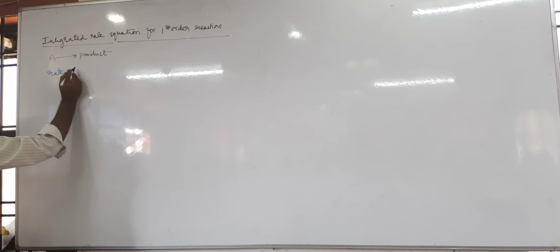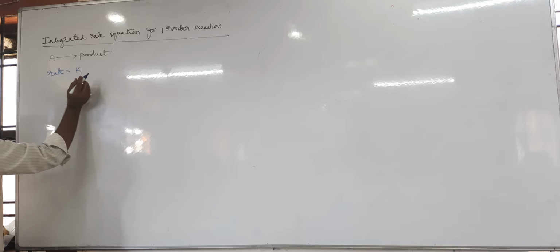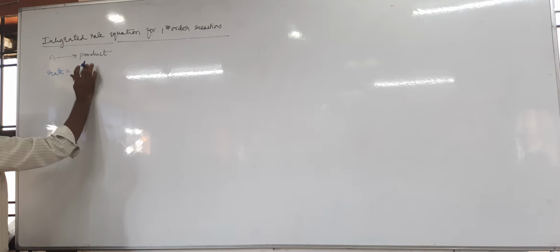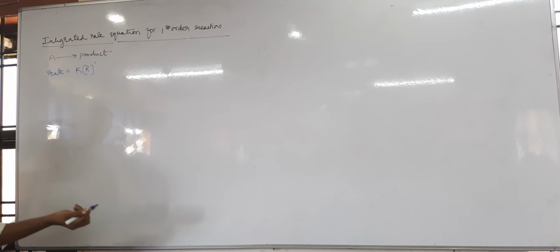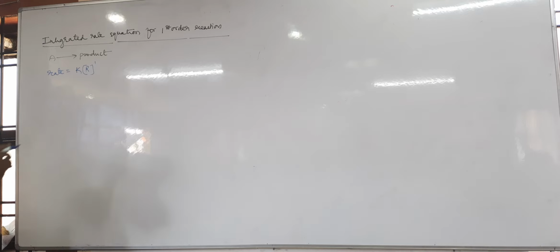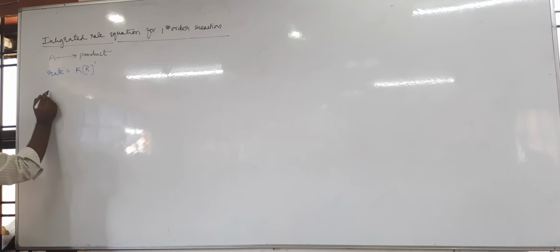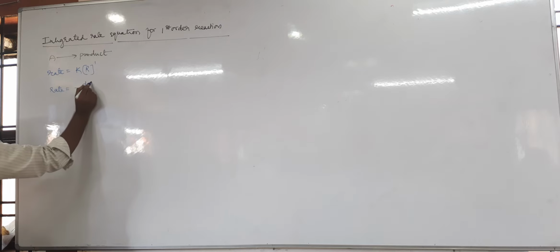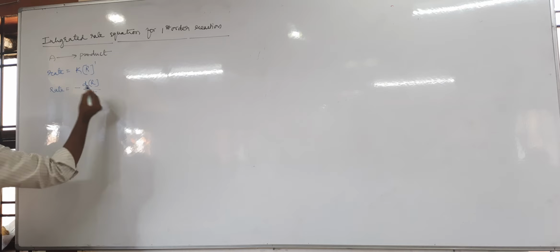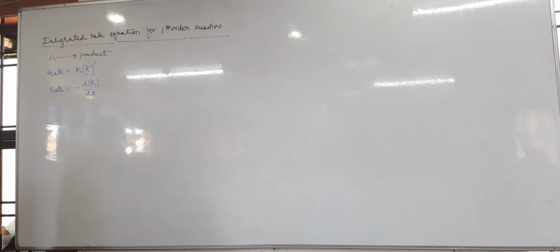So rate equal to K into molar concentrations of reactant. No, let us take R, molar concentration of reactant R power 1. Okay, then so rate, but we know that rate also equal to minus dR by dt. Yes or no? Rate also equal to minus dR by dt.